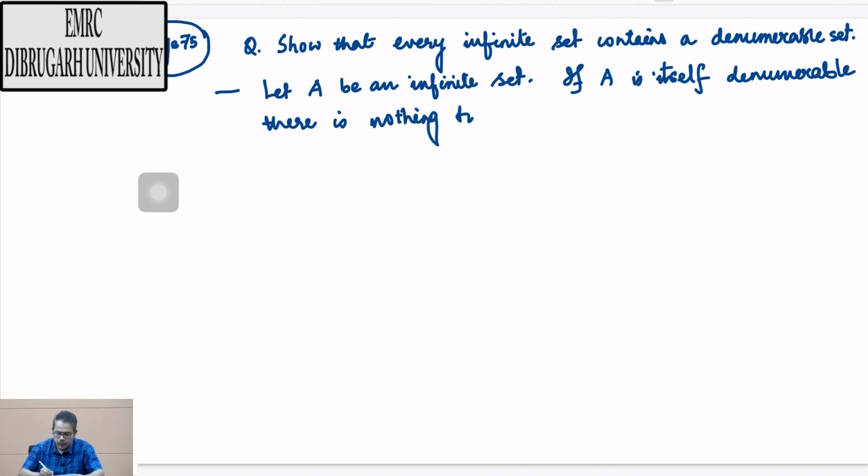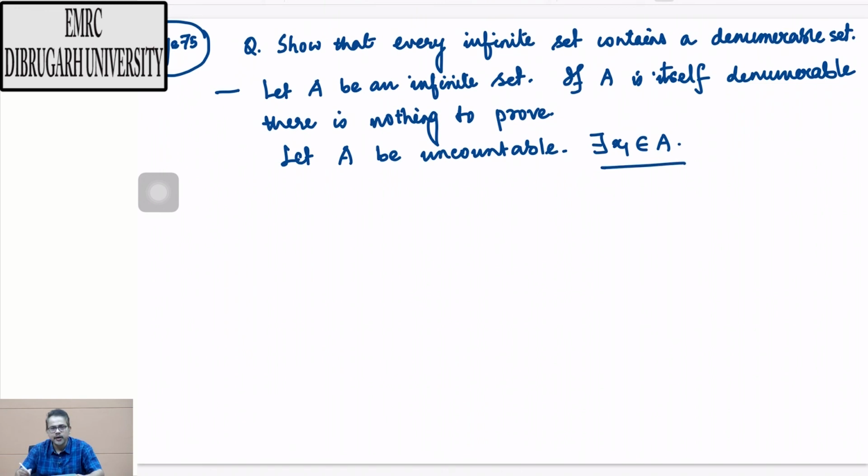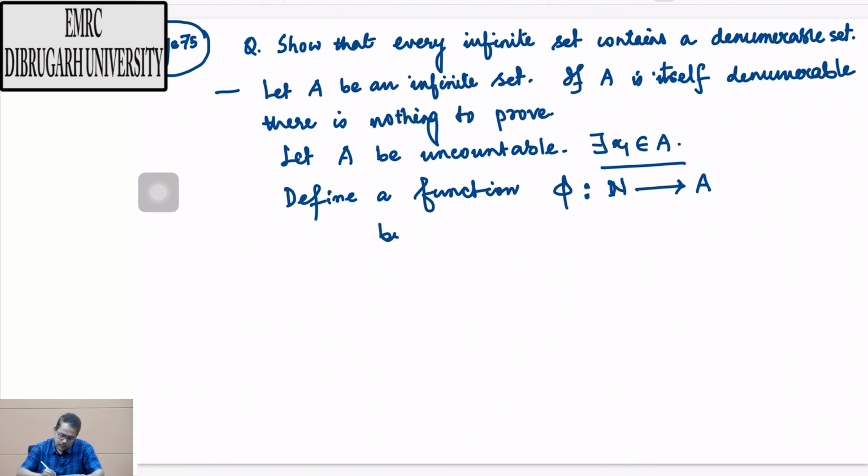Let A be uncountable, and therefore there exists some x1 in A. Define a function phi from N to A by phi of 1 equal to this x1.